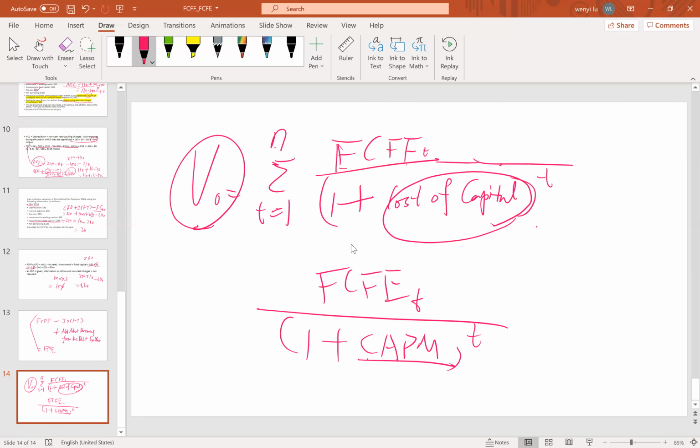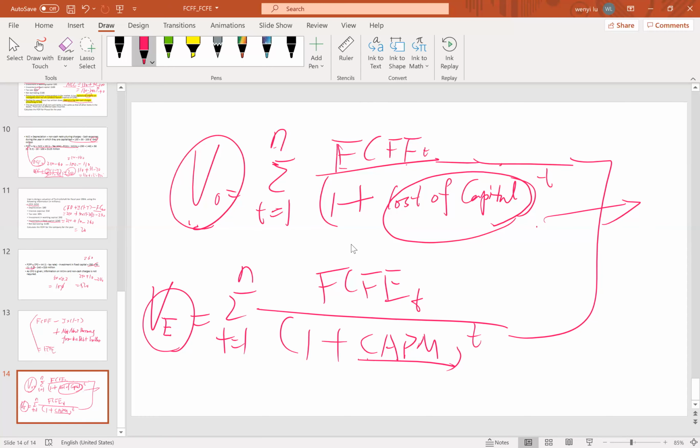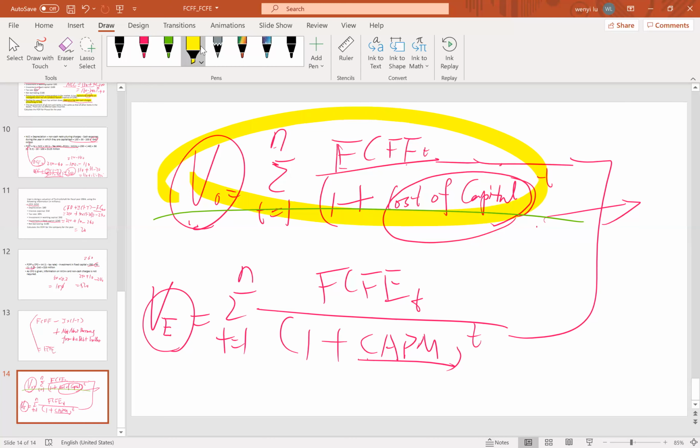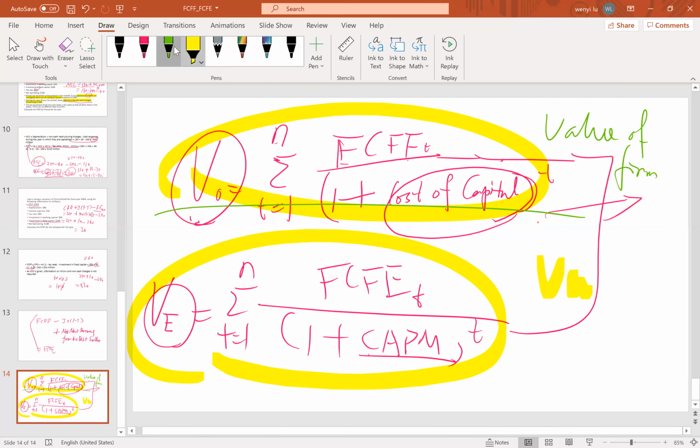You do the discounted values for all the years and solve the value of equity. So both ways can help you derive the value: this is the value of the firm, and this is the value of equity.